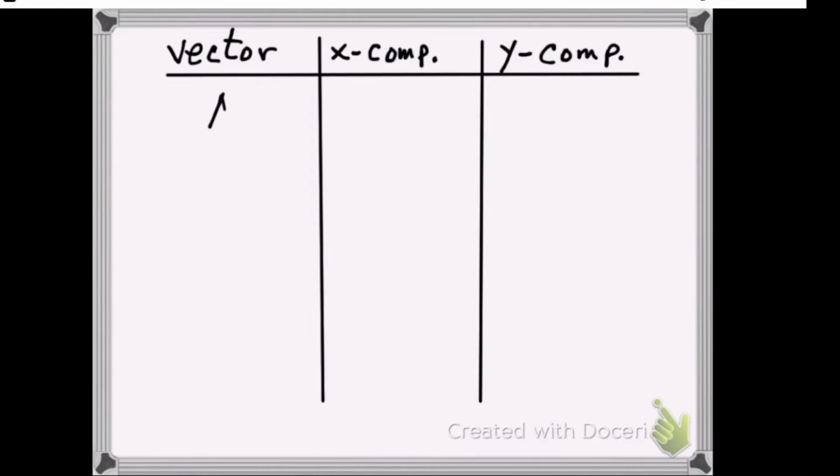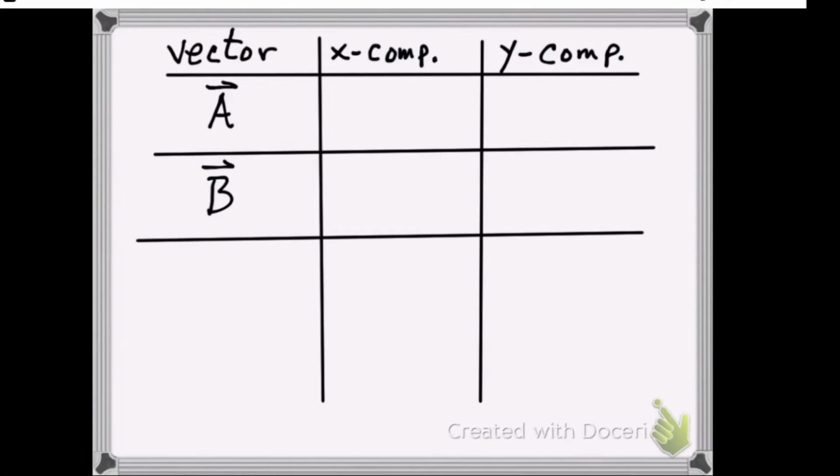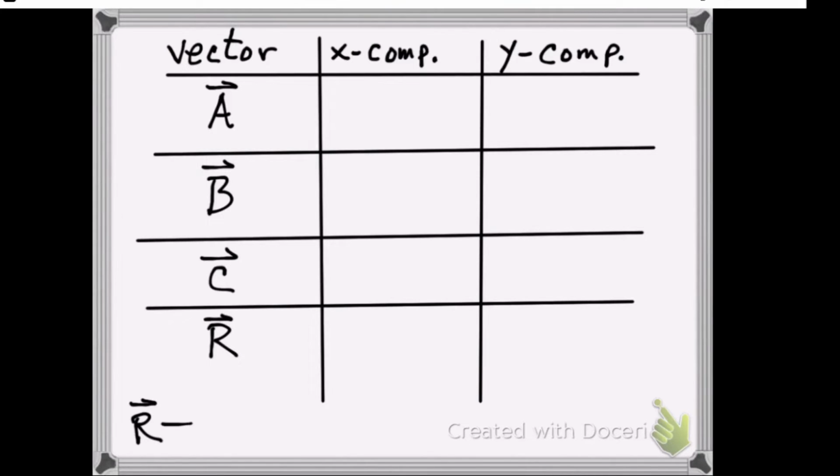So first of all, vector A. Then we're going to have vector B. And then we're going to have vector C. And then all of this is going to add up into something called vector R. And vector R is what we call the resultant vector.